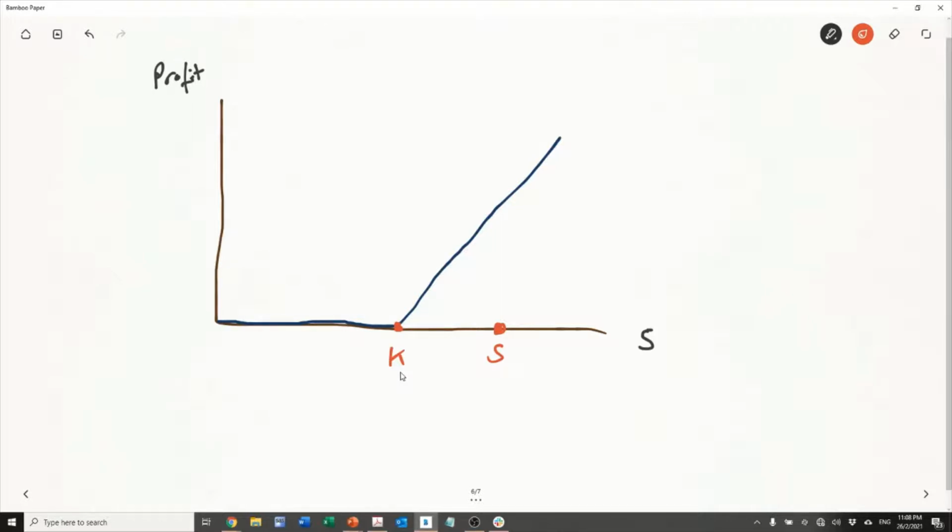If that's the case, we call this option in the money. An option that is in the money means that it makes sense for the option holder to exercise, or the payoff will be positive. That's not only for call options, also for put options.